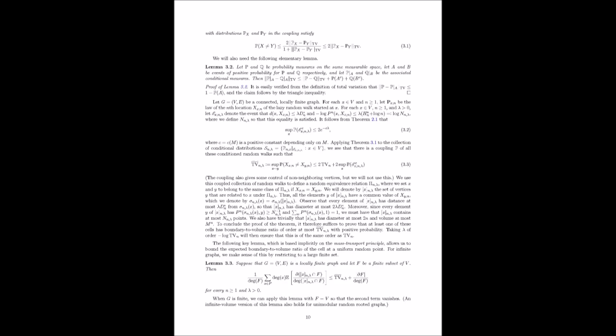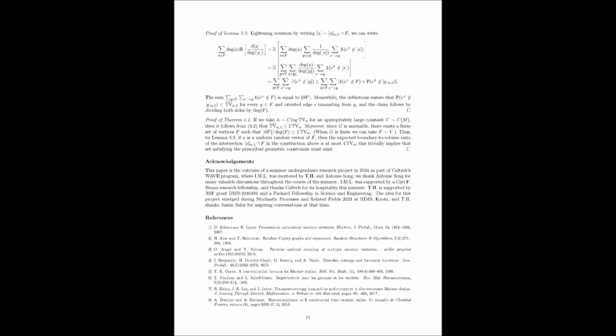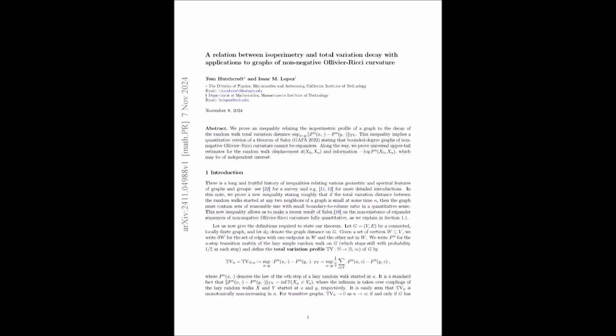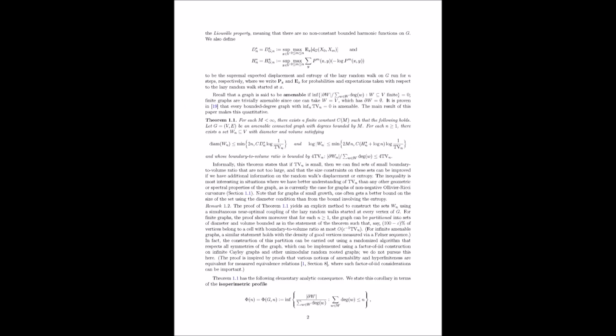It turns out that this metric is closely related to the random walk's information content: how much information about its starting point is revealed by its current position. So instead of measuring distances with a ruler, we're measuring them with probabilities and time. That's a wild concept. It is, and what's fascinating is that the upper tail estimates for the random walk's displacement and information content, which we discussed briefly in part 1, can be applied to this massive Green metric.